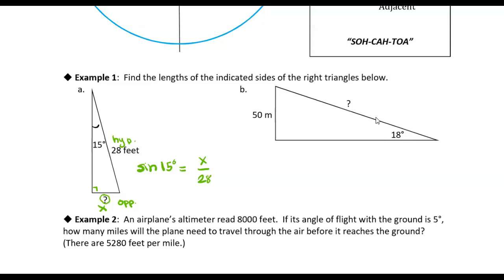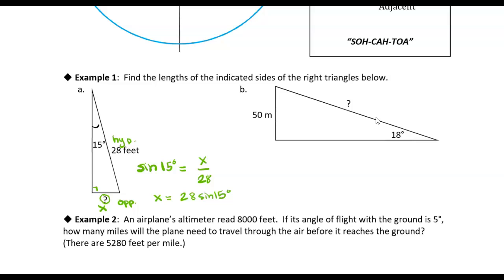Now we can put sine 15 degrees in our calculator and calculate a number. So now we just need to solve for x. If I multiply both sides by 28, x is going to be 28 sine of 15 degrees.